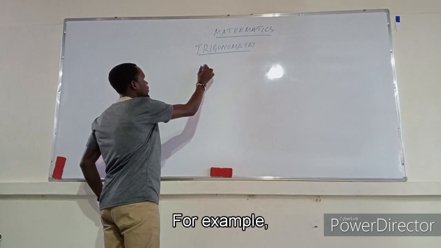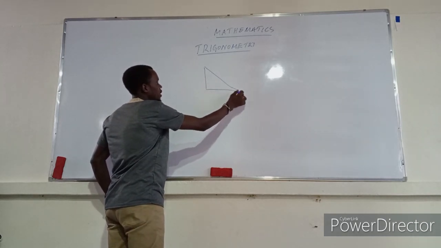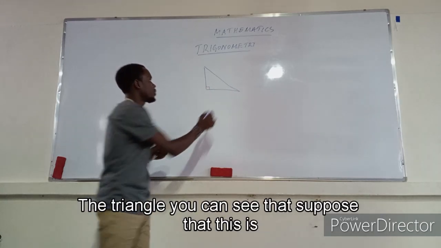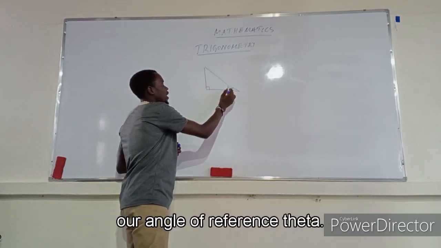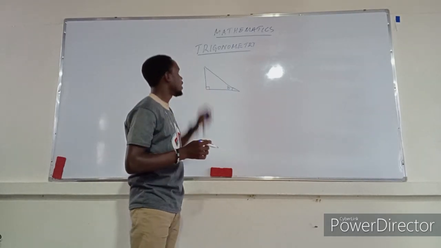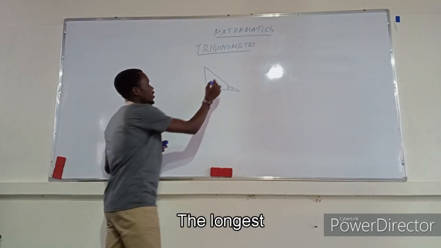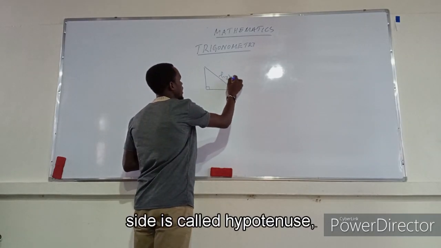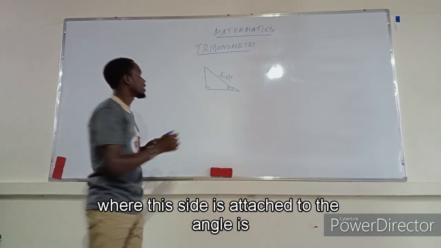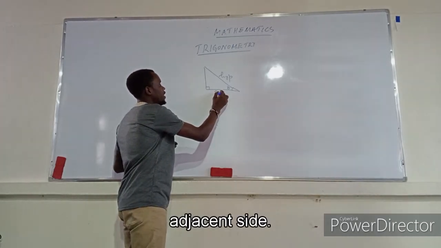For example, this is a right-angled triangle. Suppose that this is our angle of reference theta, and this right-angled triangle has three sides. The longest side is called the hypotenuse, and the side that is attached to the angle is called the adjacent side.